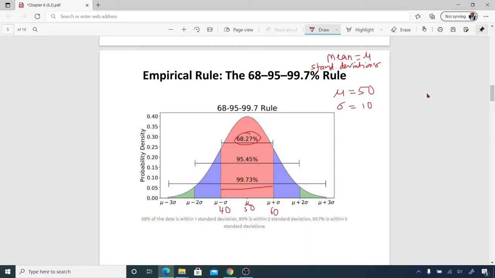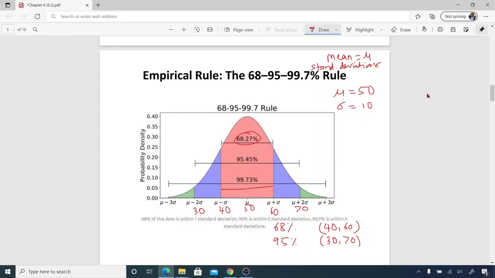So about 68% of the observations lie in this interval. Similarly, you go 2 standard deviations away, subtracting 2 times 10, so that would be 30, and on the right I have 70. So 95% of the observations lie in this interval, 30 to 70.